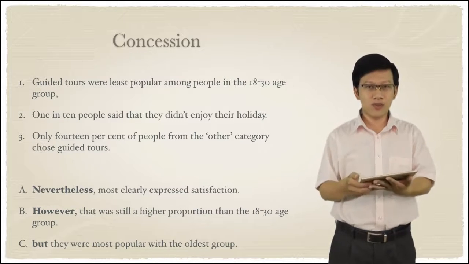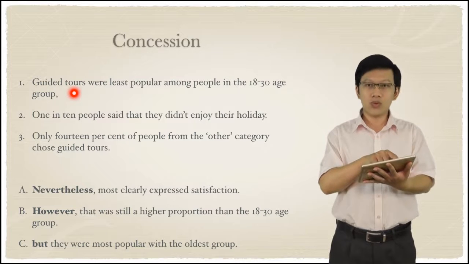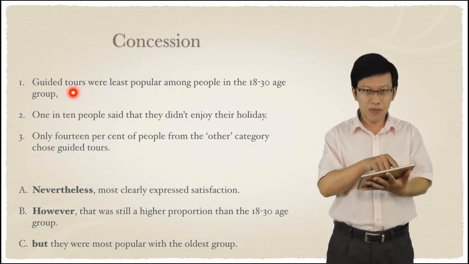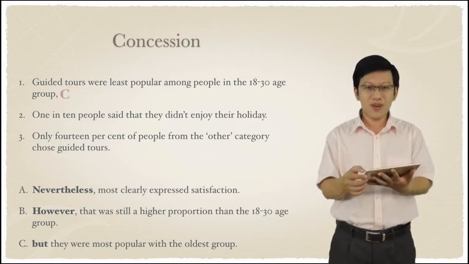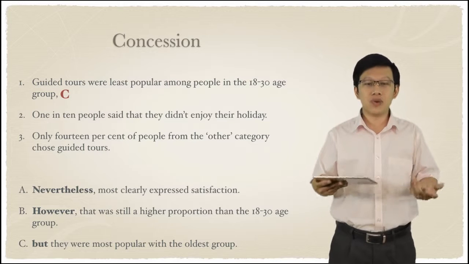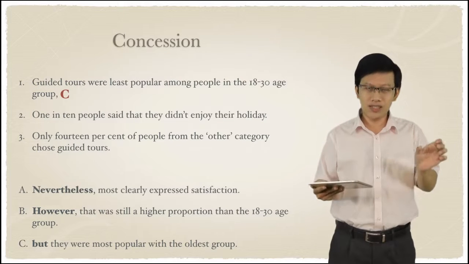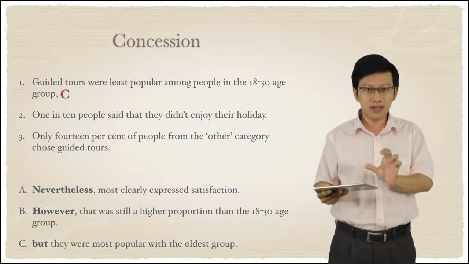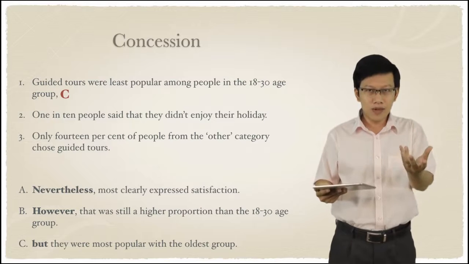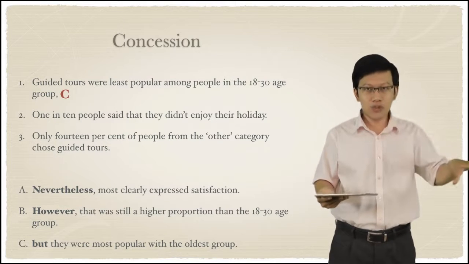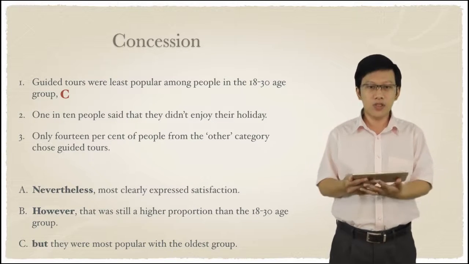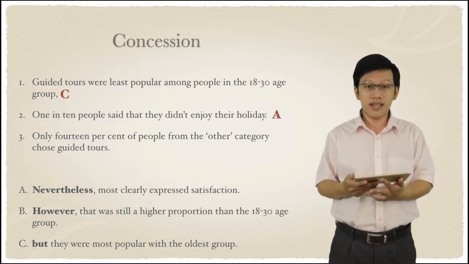Now let's see, for the first one, I say guided tours were least popular among people. Which one? Well, C, but they were most popular with the oldest group. So you see, there's a comparison in opposite direction. They're both talking about popular, but then least popular with, and then most popular with.